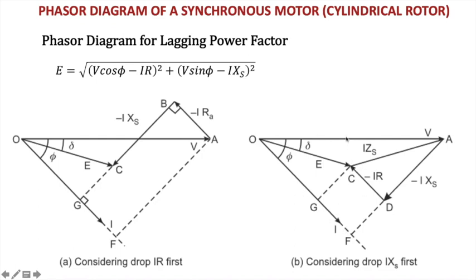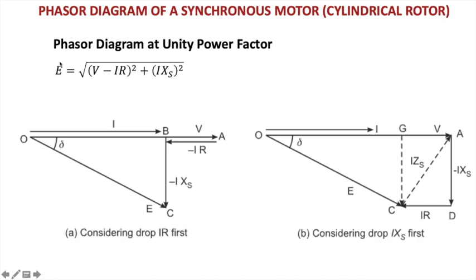Therefore, E is the square root of V cos phi minus IR, squared, plus V sin phi, which is in the direction of the current, V sin phi minus IXS, squared, giving the magnitude of the voltage E. You can take the right angle triangle OGC to find the equation for E in terms of the voltage, the IR drop and the reactance drop.